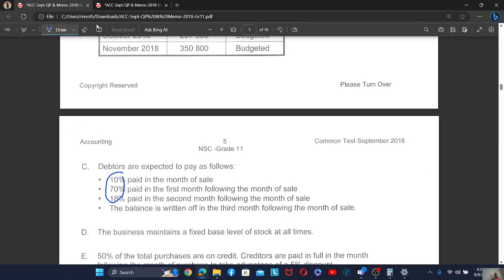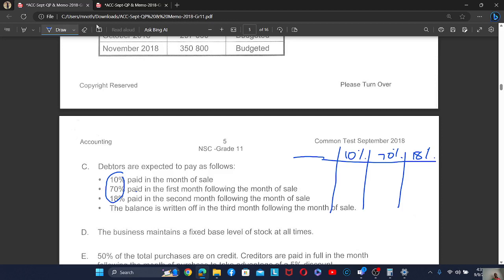Let me draw this table. So it's 10%, 70%, and 18%. 70% is paid in the first month following the month of sale, 18% in the second month following the month of sale.